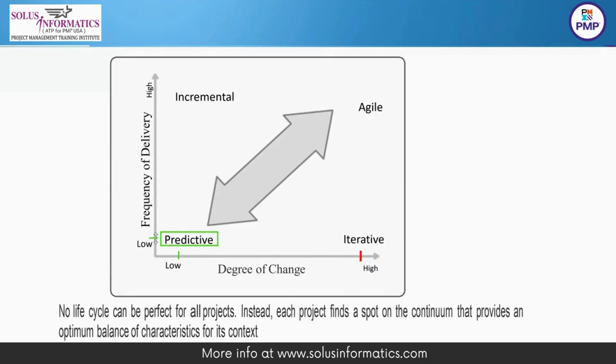When you talk about projects where the degree of change will be high, changes on the fly, and frequency of delivery will be low, one delivery at the end, then the iterative approach fits here. Incremental is where degree of change is comparatively low, and frequency of delivery will be high, multiple small deliveries. That is incremental. And when you say agile, the frequency of delivery is high as per incremental, and the degree of change is also high.